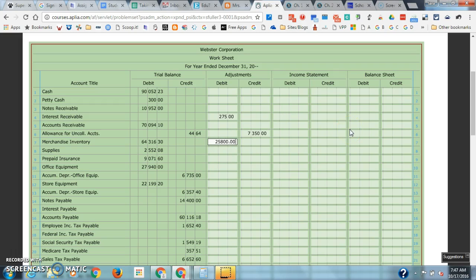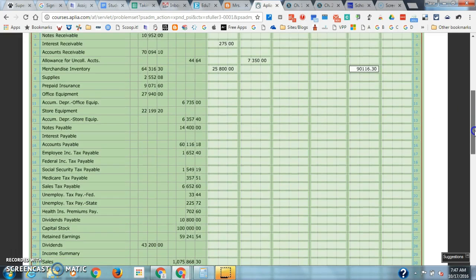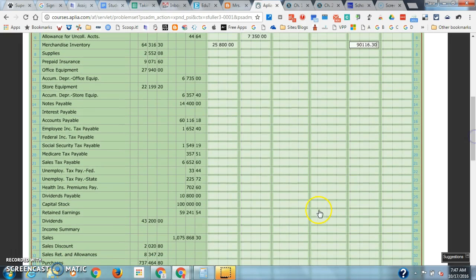And then I'm also going to go ahead and stick in that number they gave me. So it's going to be a balance sheet debit of $90,116.30. Okay, so then my matching adjustment is down on income summary, line 29, and it's a credit $25,800.